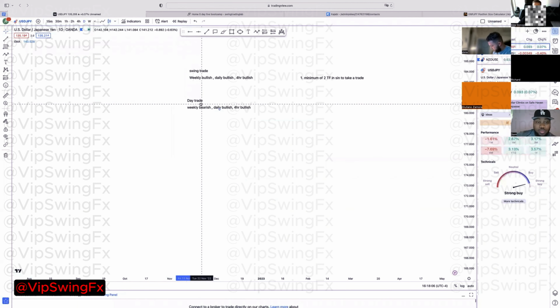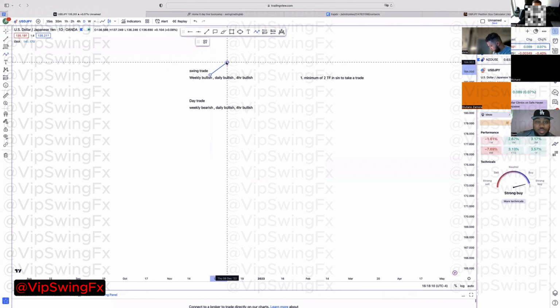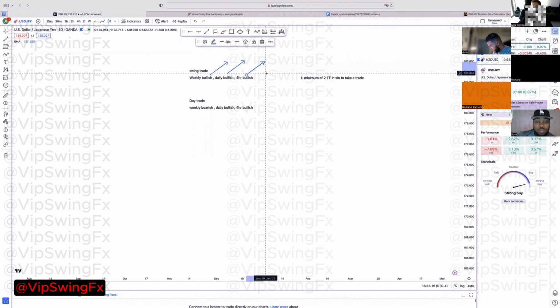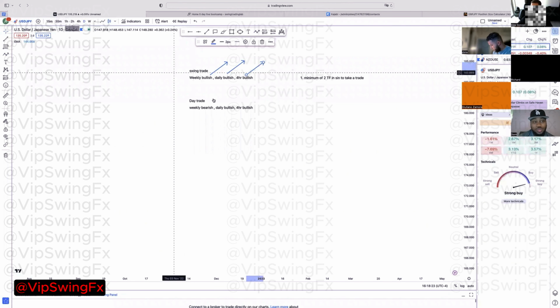So what does this mean? This trade, for example, has the weekly time frame bullish, daily bullish, 4-hour bullish. The most logical thing to do is take a buy. There's no reason why you should be selling off a 1-hour or 30-minute pullback.